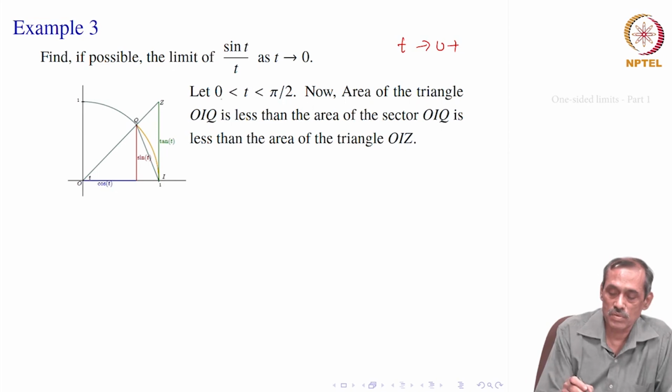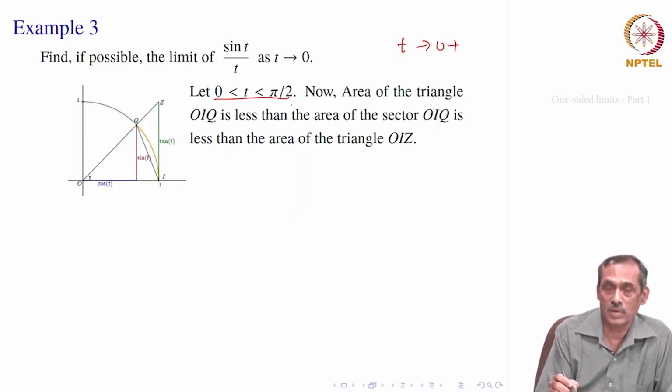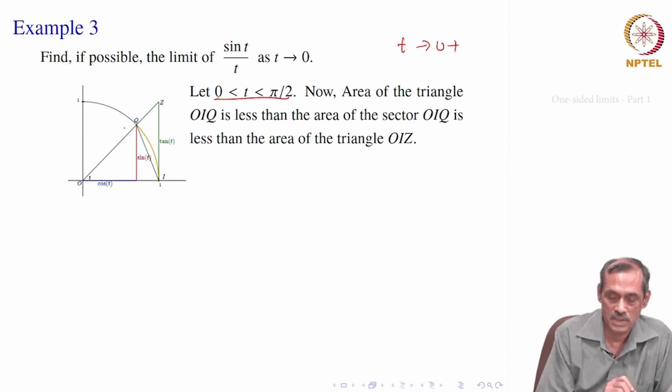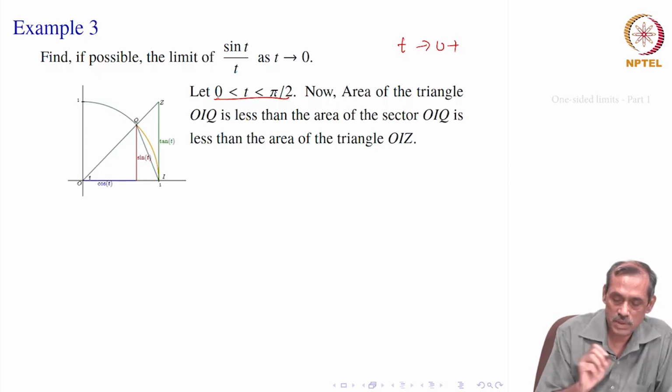So, even for 0 to pi by 2, we can have some derivation and then proceed. It is enough if you take 0 to say 0.1, t varies between 0 and 0.1, that is also enough, but let us see for this, it will be easier. So, suppose t is between 0 and pi by 2.